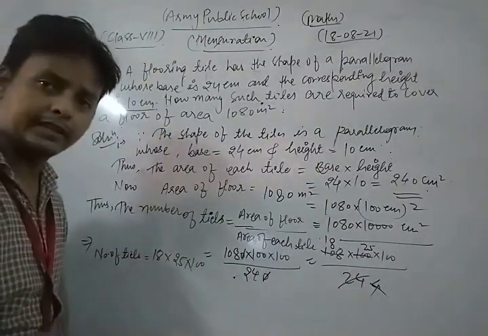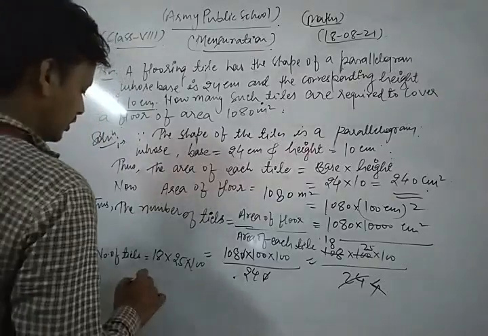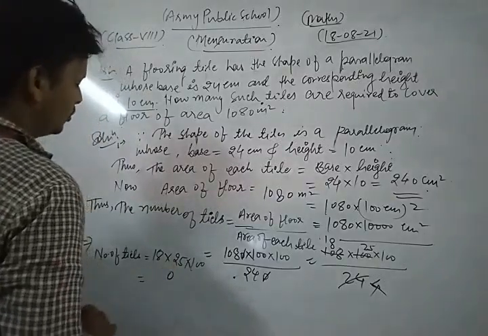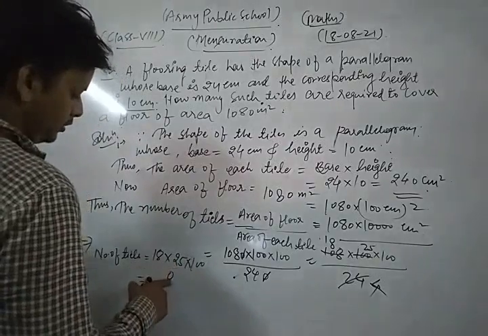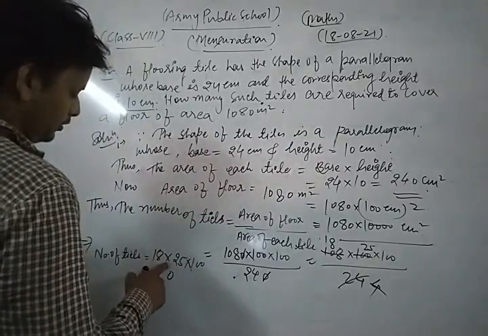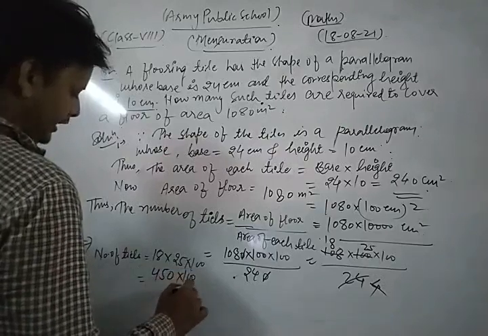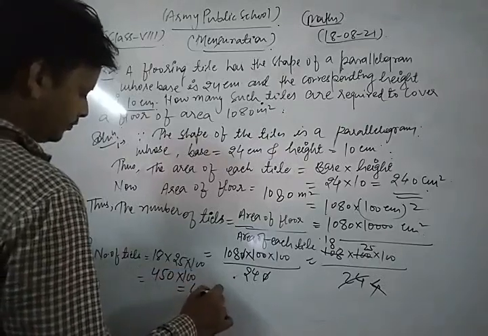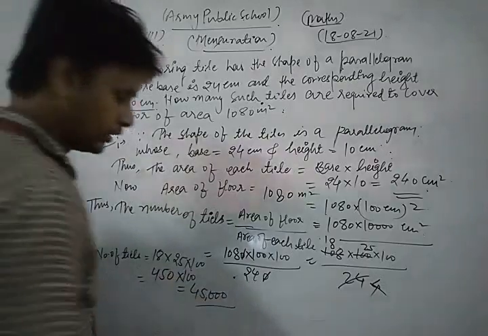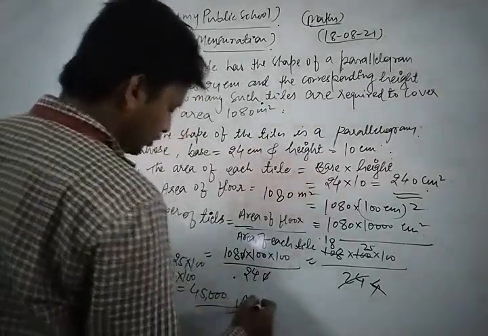Now we multiply them and solve. 18 into 25 is 450, so 45,000. This is the required solution of the given question.